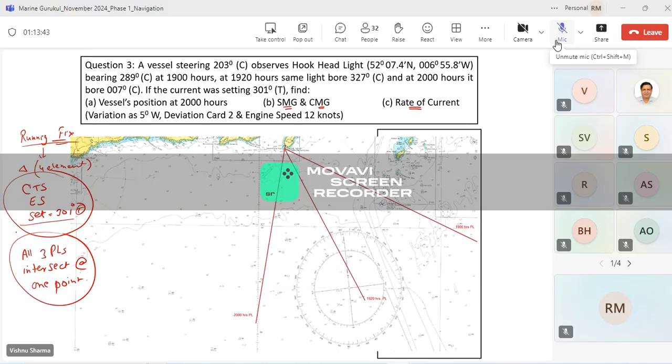There's a lot of difference between me saying that all PLs should be from the same light and me saying all three PLs should intersect at the same point. I am making a broader statement that if all three PLs intersect at the same point, then we can deploy a method called 3-point bearing.